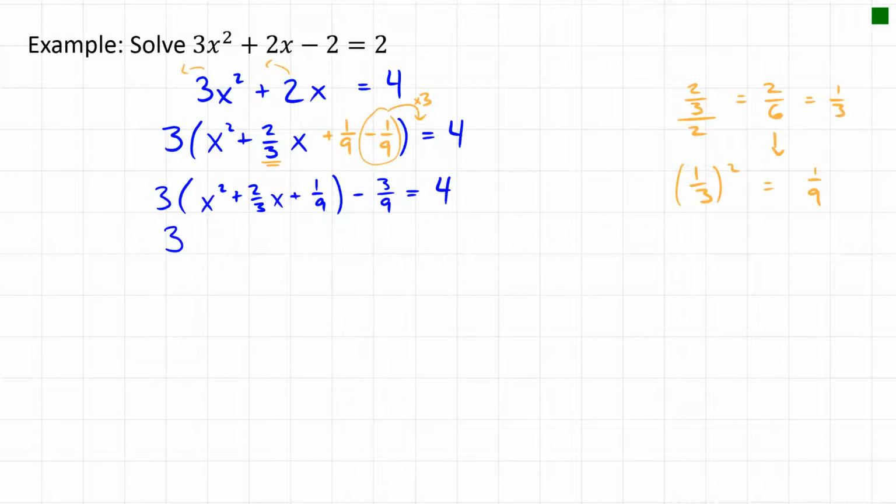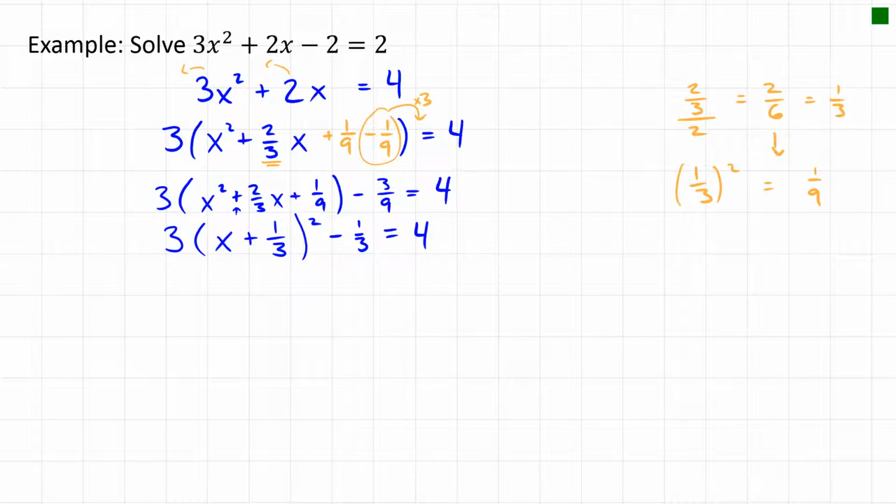So that's 3 times, and here's our perfect square. It's going to be x plus or minus something. It's going to be plus because it's a positive x coefficient. And it's going to be plus the square root of 1/9, which is 1/3. So that's my completed square there. And minus, I'm going to simplify that fraction. Minus 3/9 is the same as minus 1/3 equals 4.